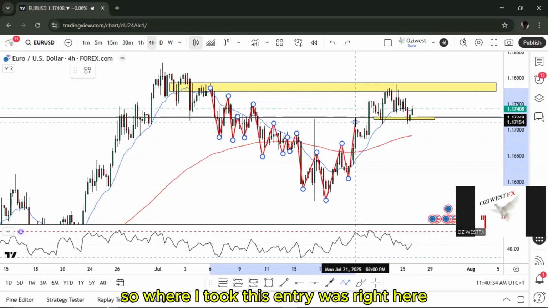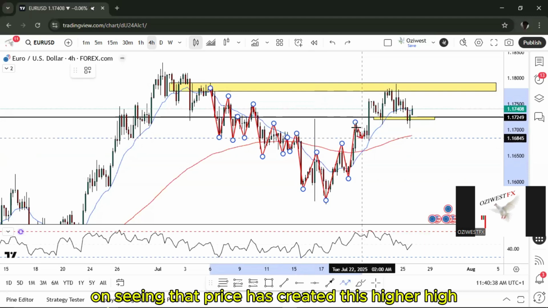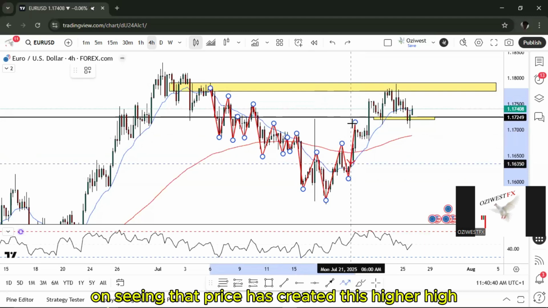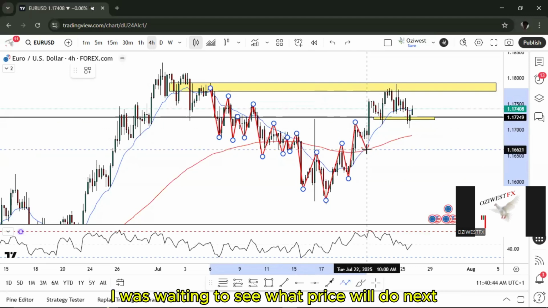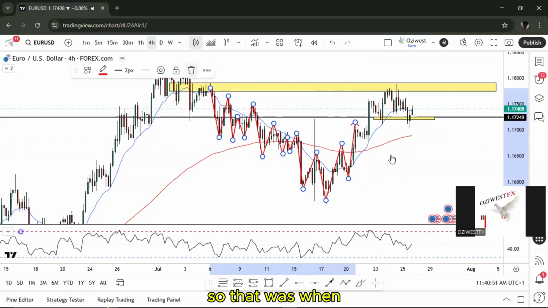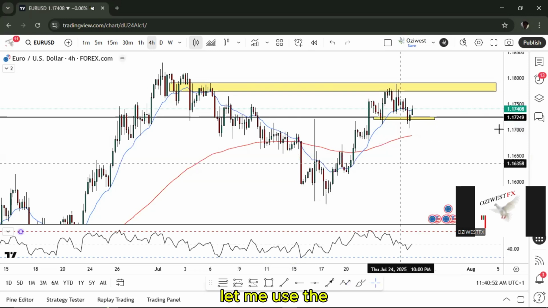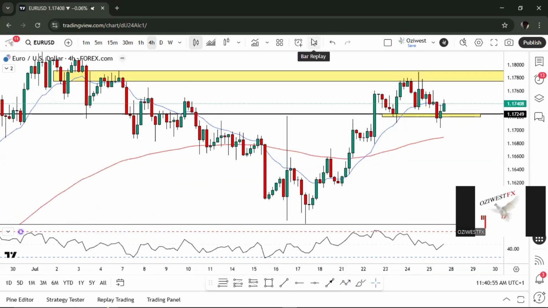So where I took this entry was right here. Seeing that price has created this higher high and price is trading above these moving averages, I was waiting to see what price will do next. So that was when, let me use the bar replay so you guys can see.